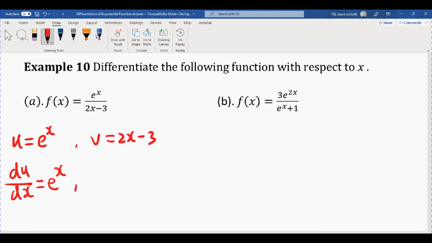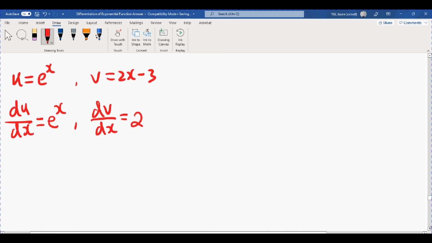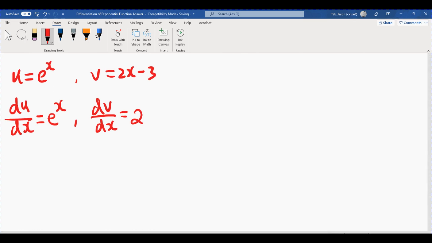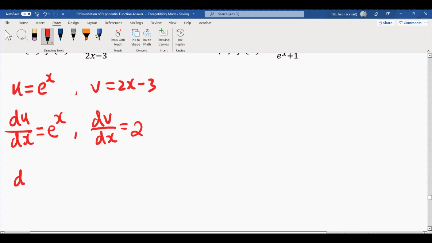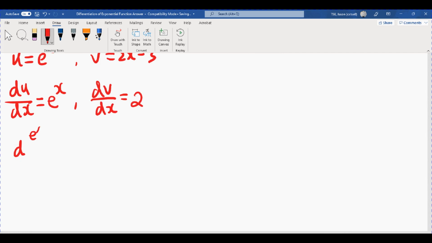For the first one, how about the second one? It should be quick. Okay, 10 seconds. 5, 4, 3, 2, 1. It's just 2. All right, figure out why. So that's e to the x over 2x minus 3, right?